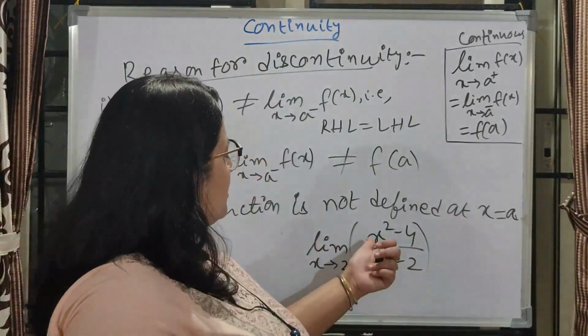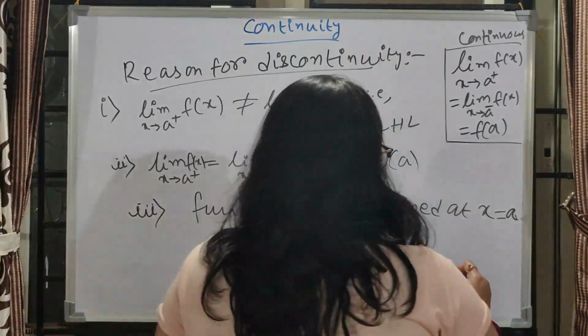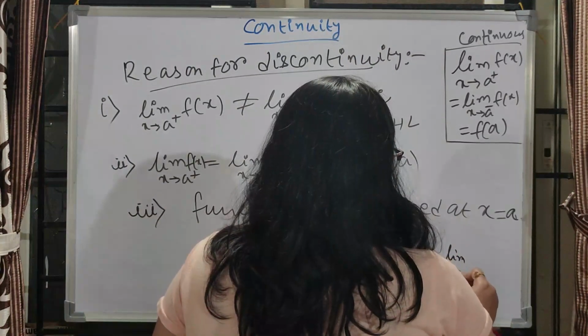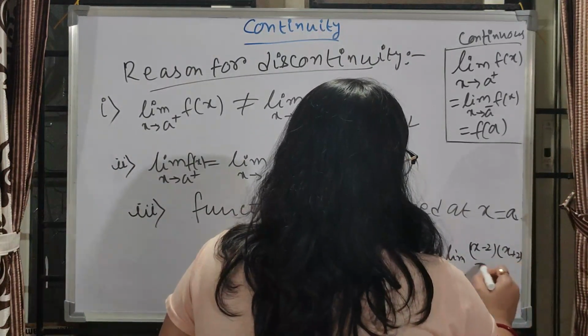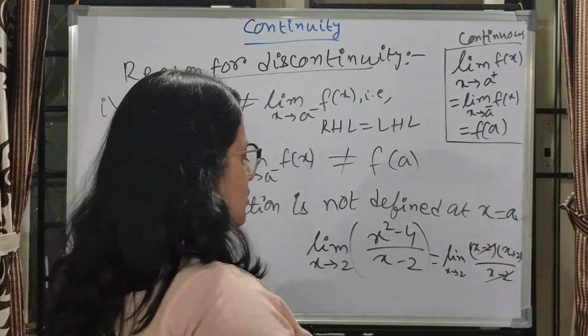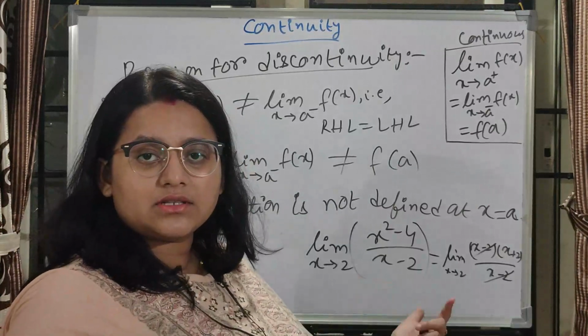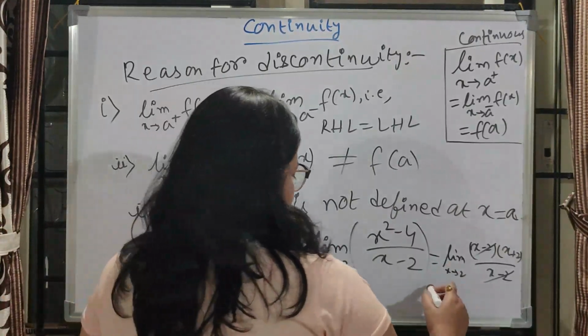We can rearrange the numerator term, that is limit x tends to 2 of x minus 2 into x plus 2 by x minus 2. So it will get cancelled. So this function is not basically discontinuous. We can rearrange the numerator term and make it a continuous function.